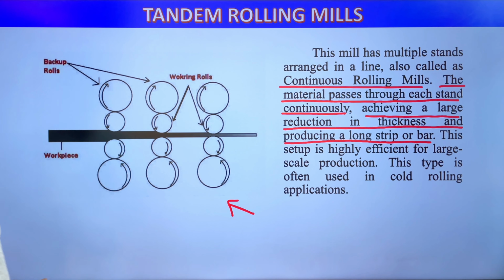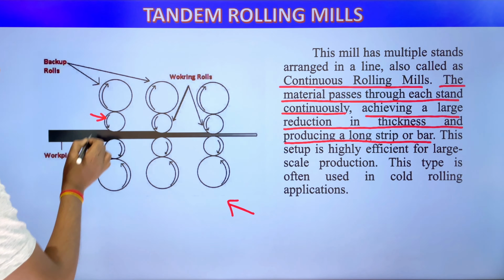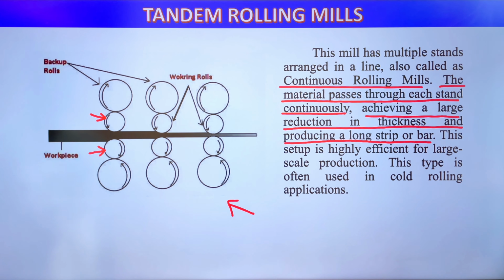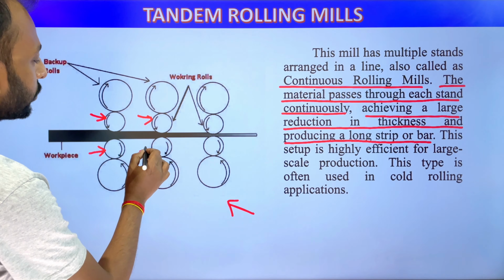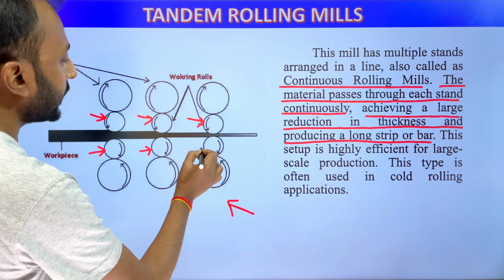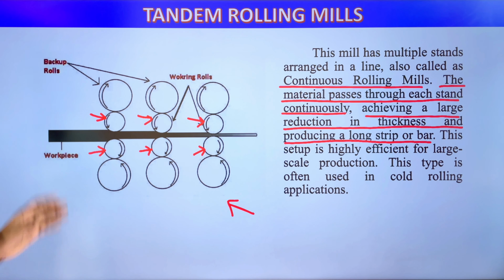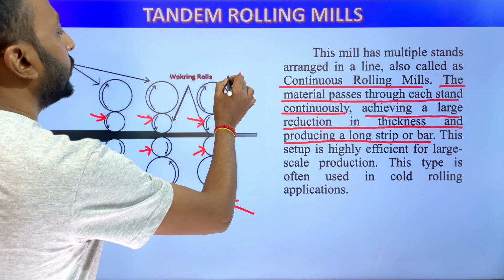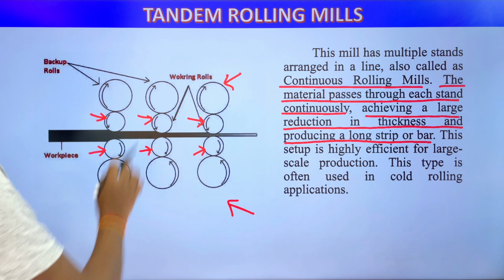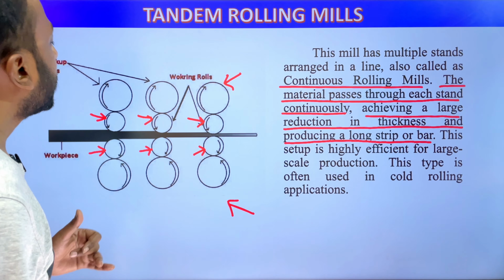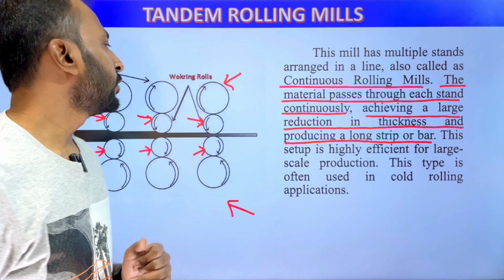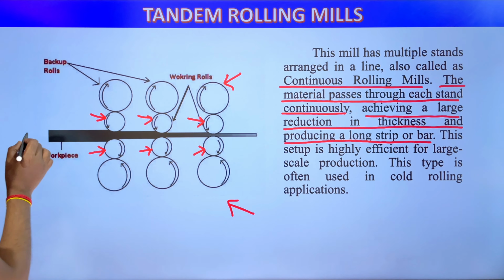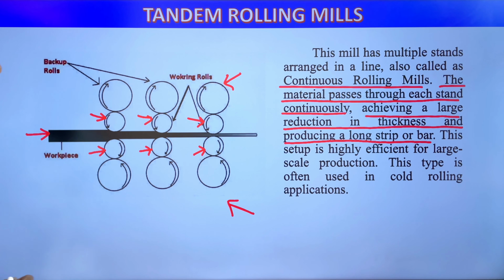Here we can see that this is a working roll, these are also working rolls, and these are also working rolls. Each working roll has one supporting roll. These are supporting rolls. The supporting rolls are bigger in size and the working rolls are smaller in size. So this is the hot metal billet, or it may be cold metal billet.